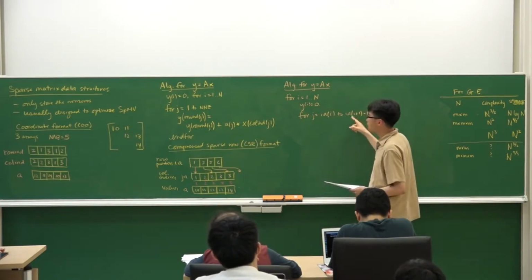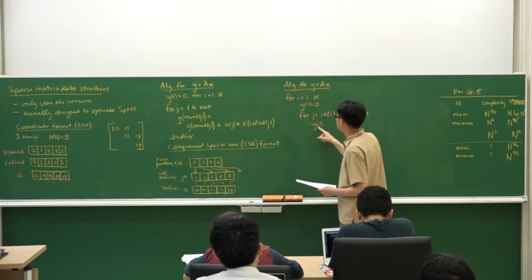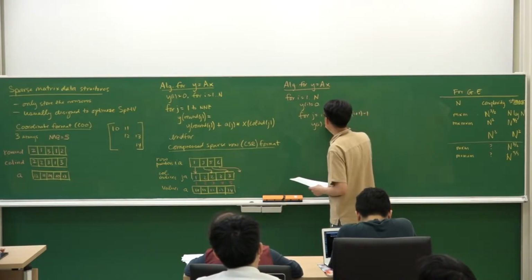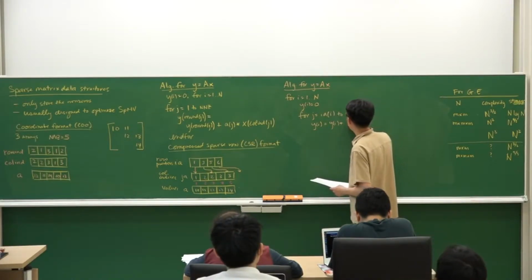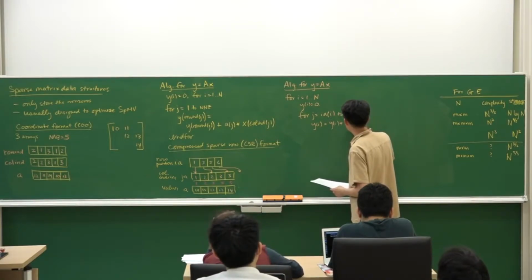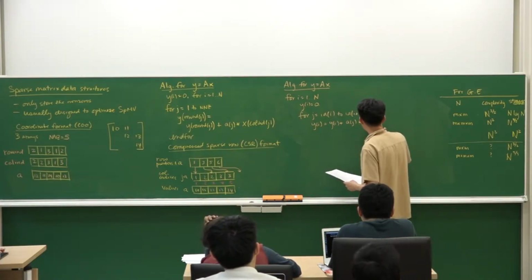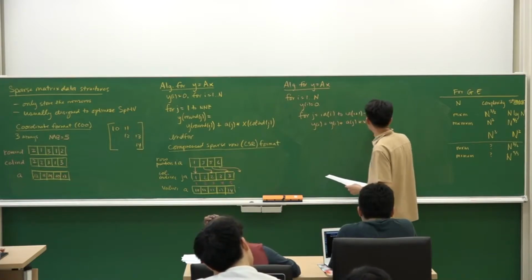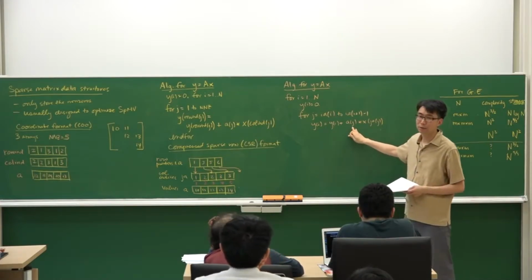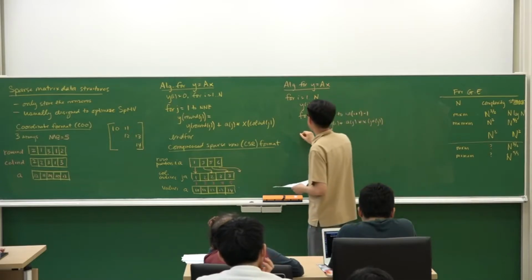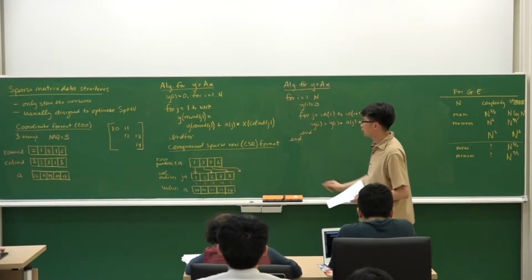So that's all of the entries in the row. And then we can accumulate into the ith component, y_i equals y_i plus A(j) times x(JA(j)). So JA(j) tells us which component of x multiplies that component of A. So also very simple, but good to see, to understand how the format works.